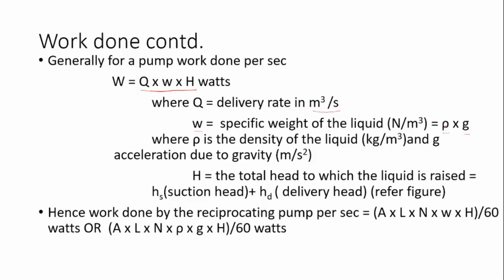Density is expressed in kilogram per meter cube, and g is expressed in meter per second square. H is the total head to which the liquid is raised. H is equal to suction head plus delivery head.